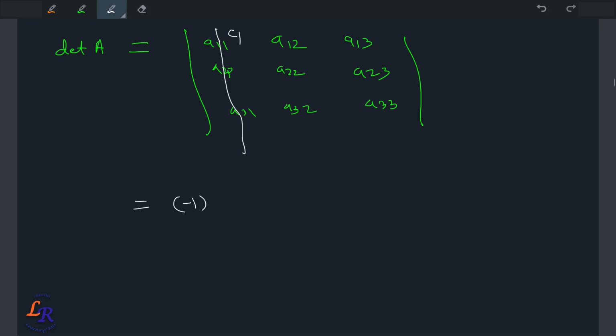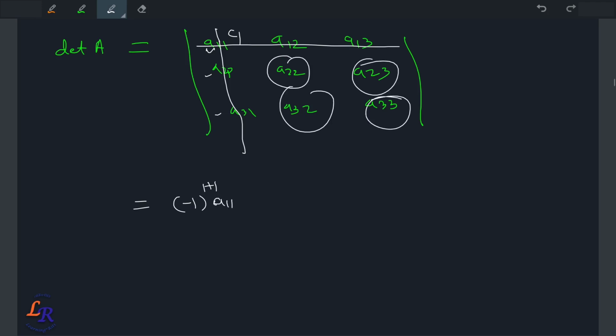Let's say with the first element, we leave this row and this column, and write minus 1 to the power 1 plus 1, A11, and the remaining is the determinant of order two: A22, A23, A32, A33, right?